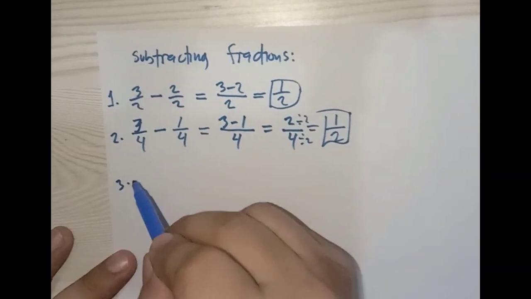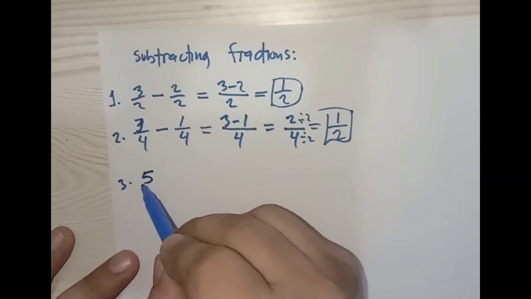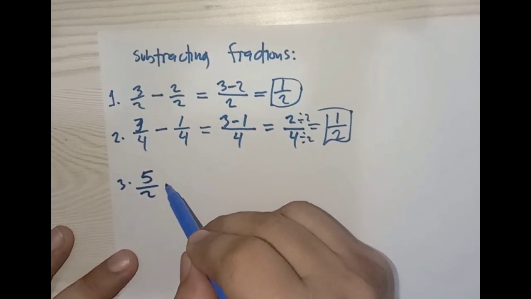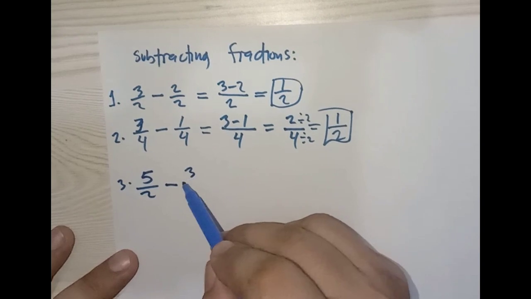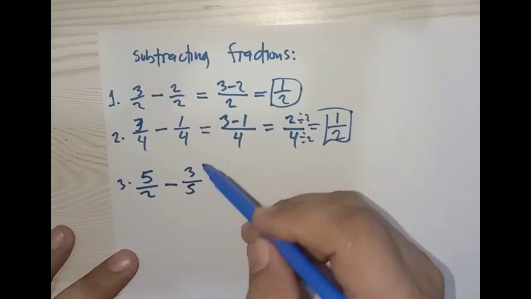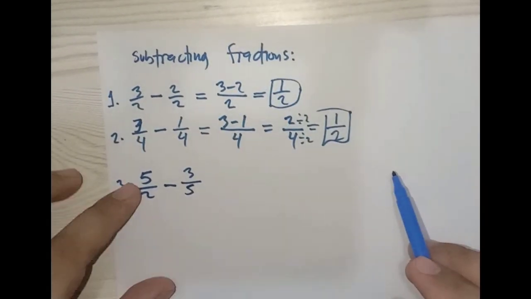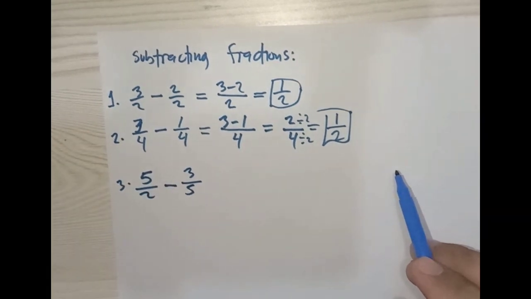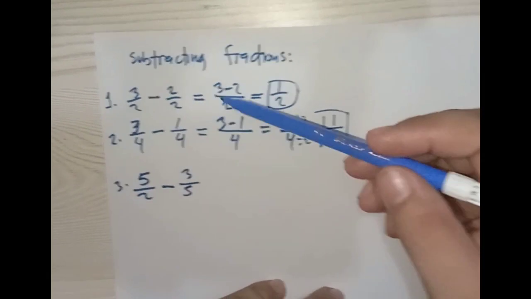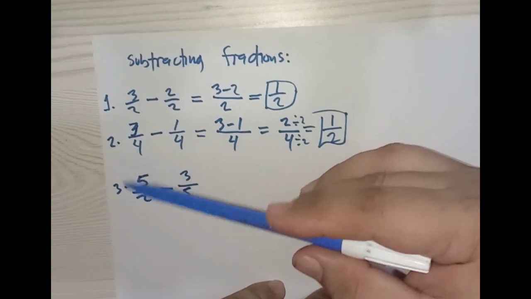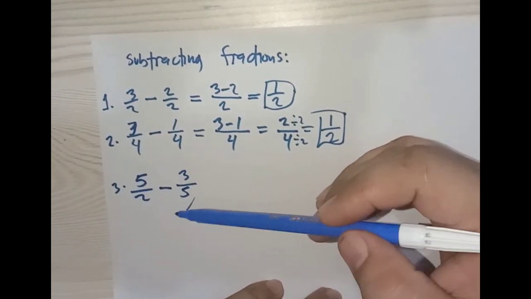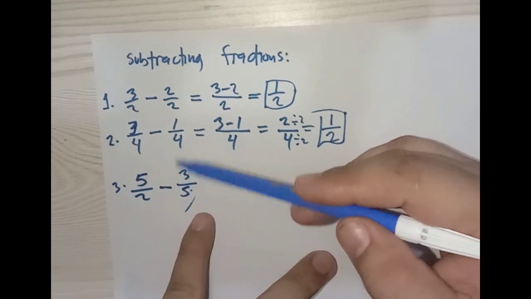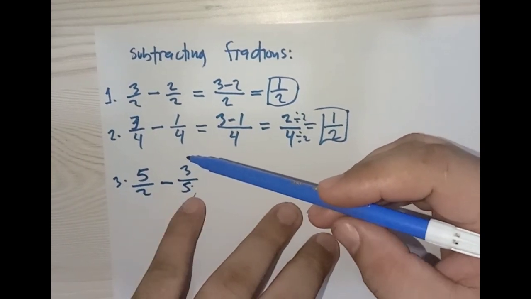For example, 5/2 minus 3/5. Okay? So, 5/2 minus 3/5. So, yung process dito sa number 1 ay hindi pwede natin i-apply dito sa example number 3. Kasi kailangan muna natin siya hanapan ng common denominator.